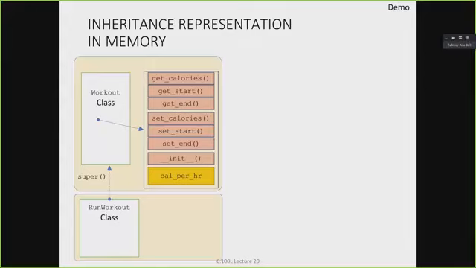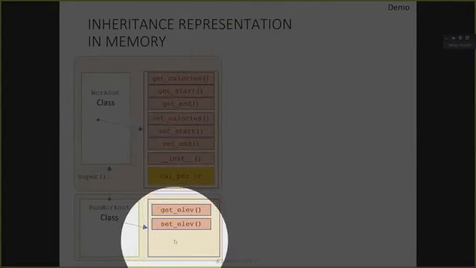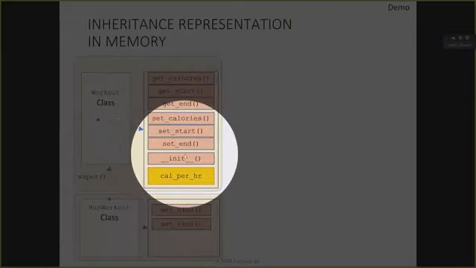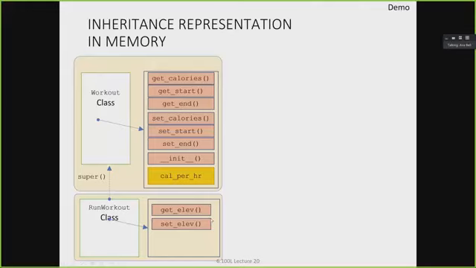The state dictionary for it will additionally have these two getters and setters. We're not copying all this stuff all over again down in the run workout state dictionary because that already exists up here. But in addition, the run workout has this get elevation and set elevation method. Those are the only things that we've defined in this class.